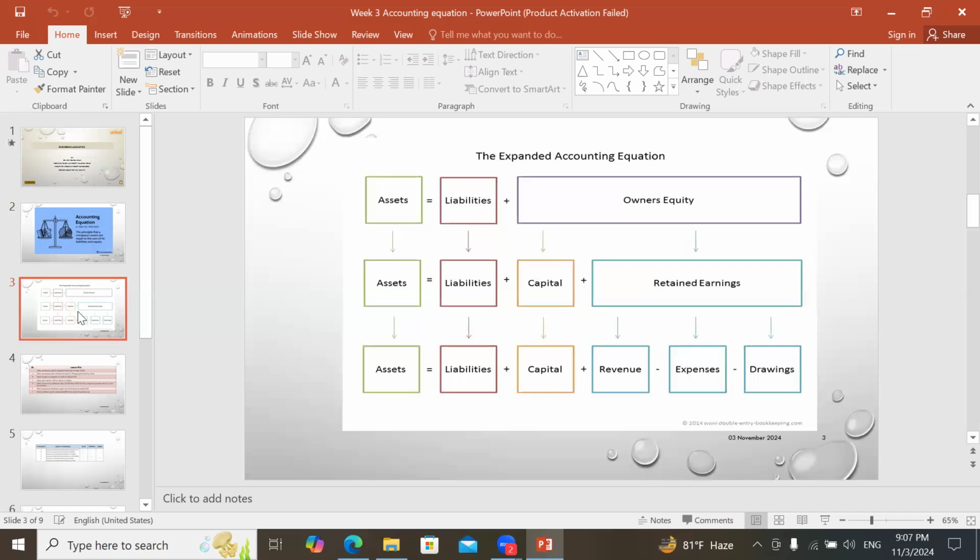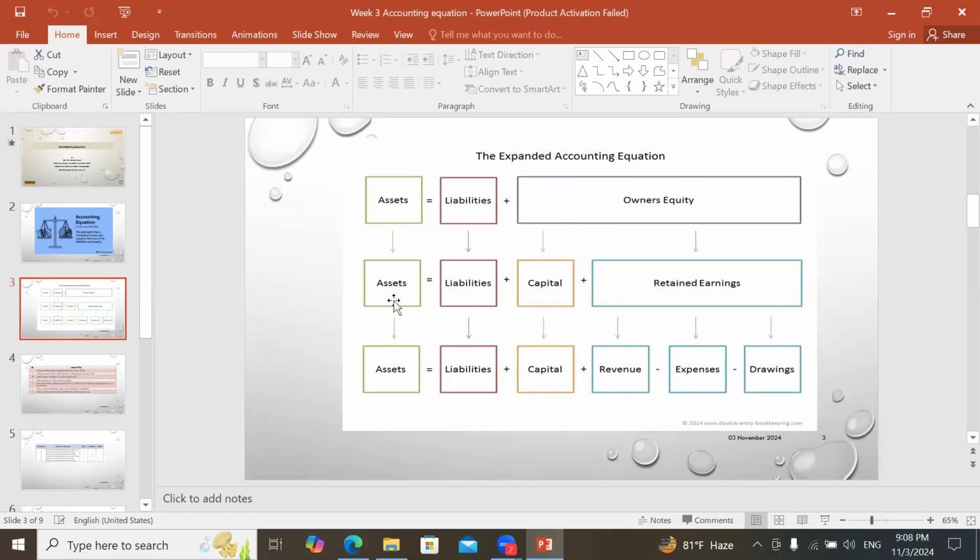Before going to the solution, at first we have to know about this diagram. This is the equation: Asset is equal to liabilities plus owner's equity.